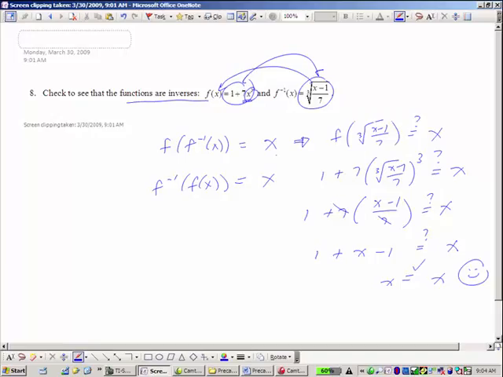All right. So let me talk a little bit about domain and range. We're going to do 2 days with this. If we have to come back to proving inverse functions, we can do that.